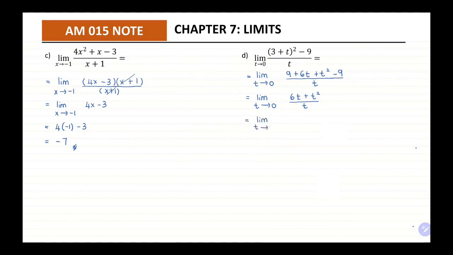Limit as t approaches 0, we factor out t, then we get t(6 plus t) over t. Then we cancel out t, so we get the limit as t approaches 0 of 6 plus t. Then we substitute t equals 0, so we get 6 plus 0, which equals 6.